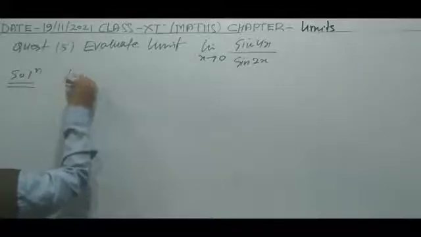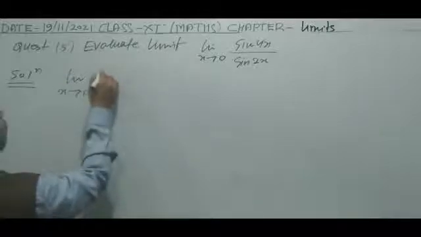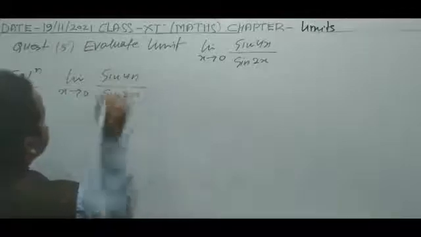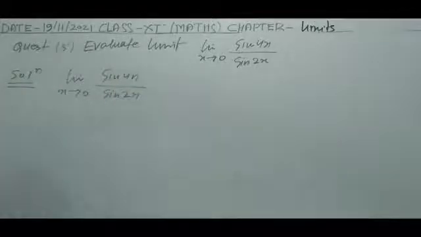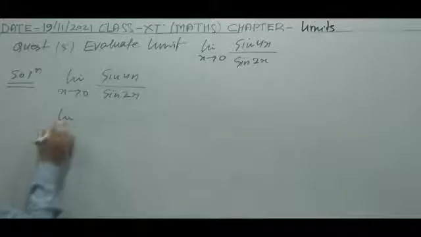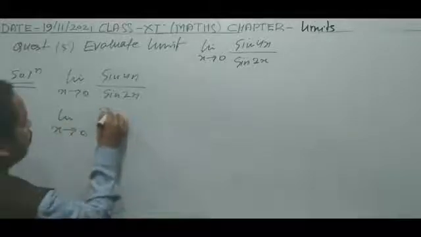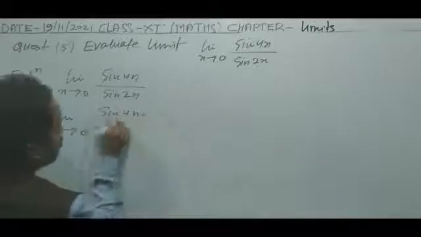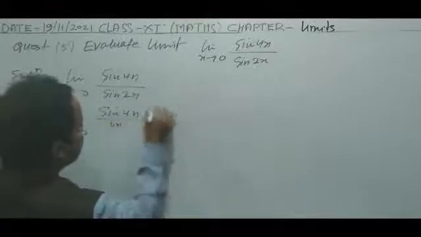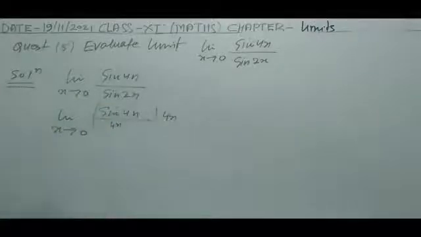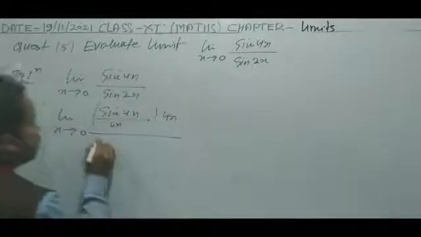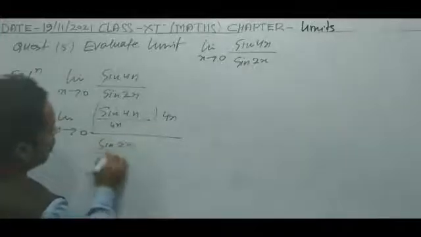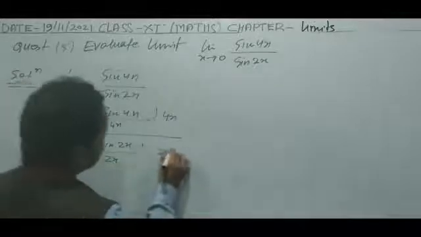Now limit x tends to 0, sin 4x upon sin 2x. Now this expression we can write limit x tends to 0, (sin 4x upon 4x into 4x) whole upon (sin 2x upon 2x into 2x).